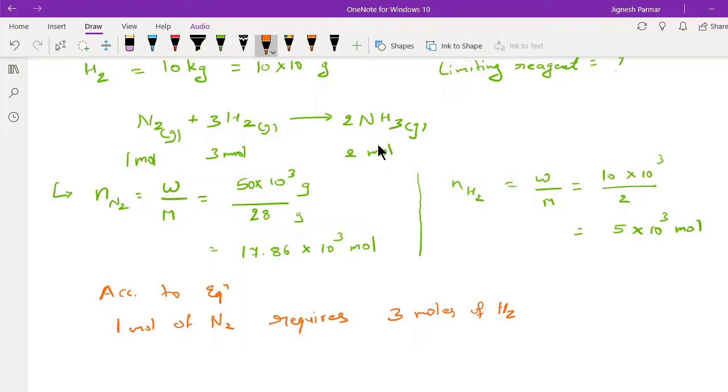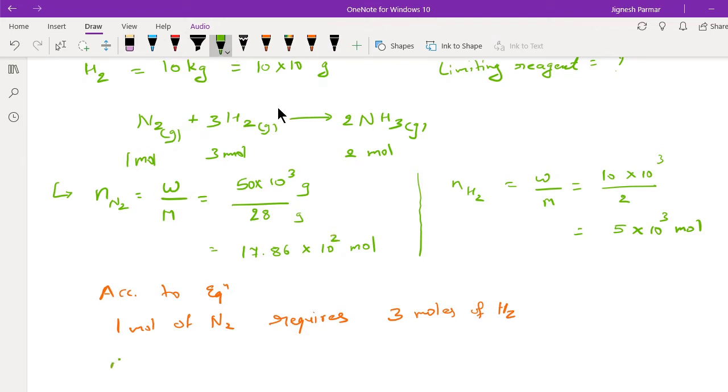Now what is given for the reaction? How many moles of nitrogen do I have? 17.86 into 10 raised to 3. If I calculate that, it will come to 2 only. The answer is 2.